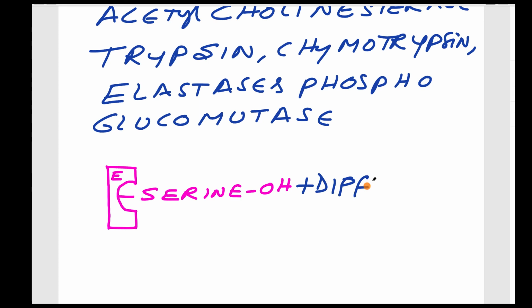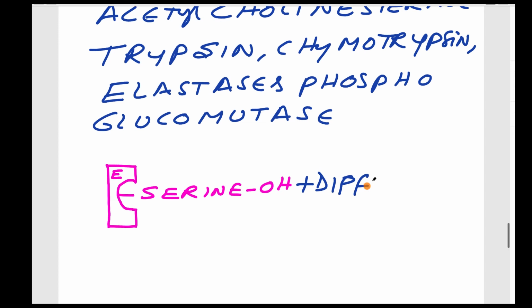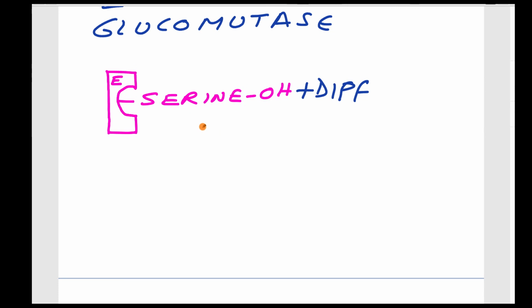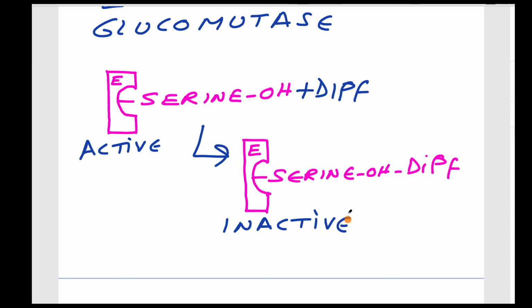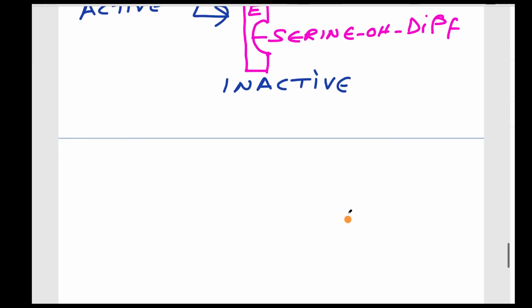So what happens in this scenario? This is the enzyme, then serine, then OH, DIPF. So this is what happens. This is active. This is inactive. That is how the mechanism looks.